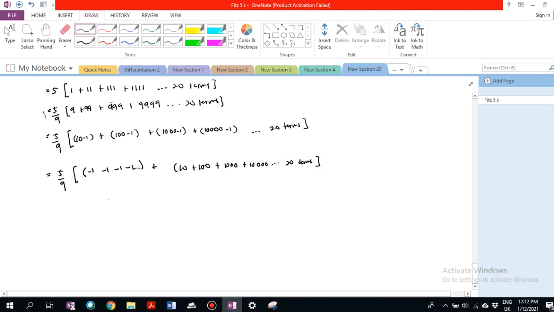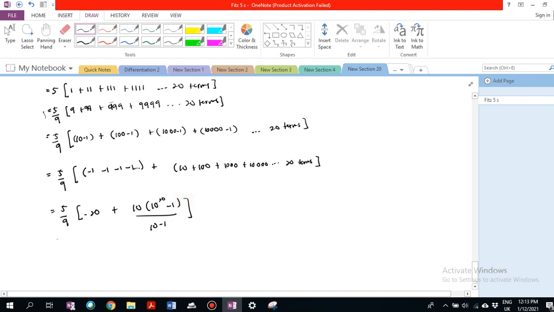So here we can simplify this to become 5 over 9 times (negative 20 plus 10 times (10 to the power of 20 minus 1) divided by 10 minus 1).